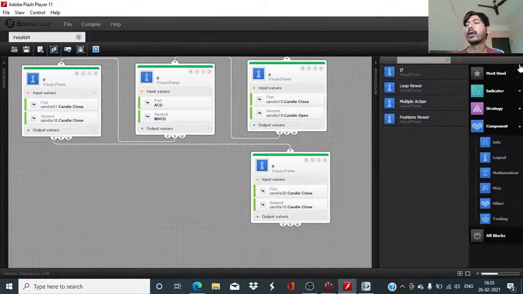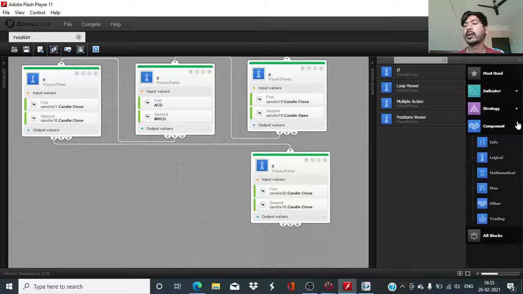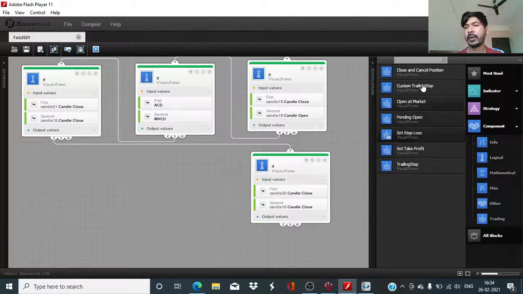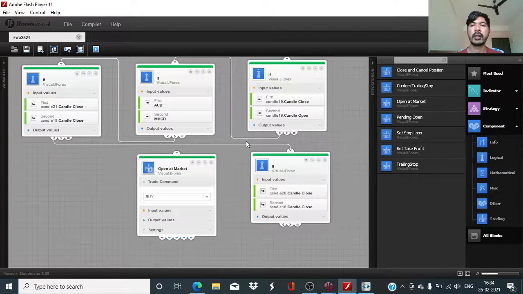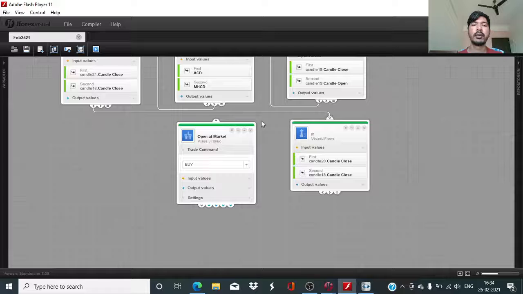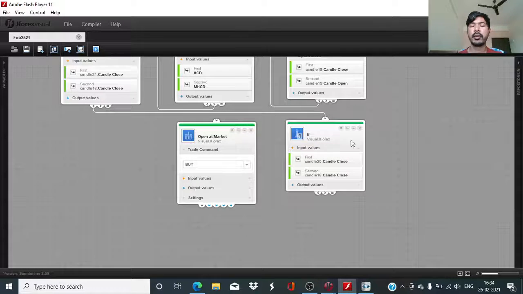And now all we will need is the trading component open at market, and this is going to be a buy trade.